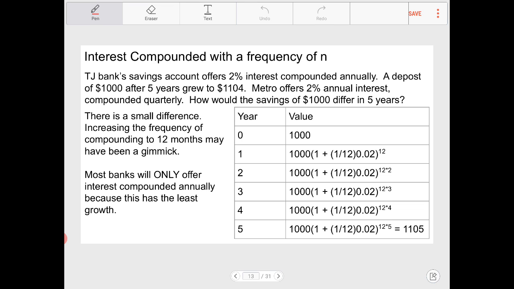Most banks will only offer interest compounded annually, because this is the least amount of growth.